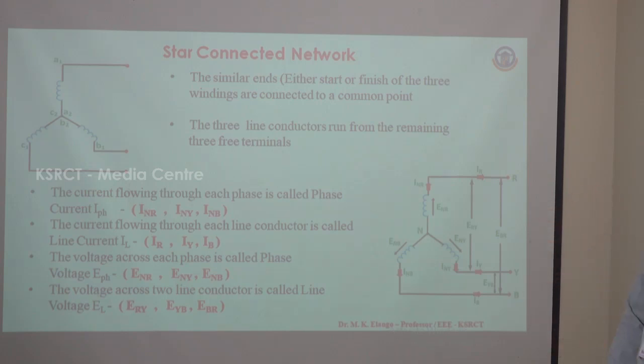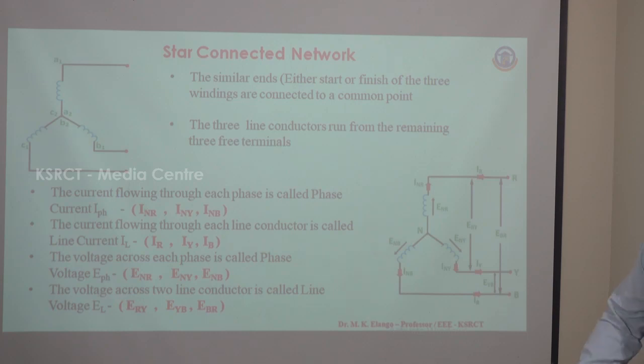When we go for voltages, E_NR is the voltage across the R phase alone, the voltage across R to neutral. E_NY is the voltage across neutral to Y, and E_NB is the voltage across neutral to B. These give the phase voltages.